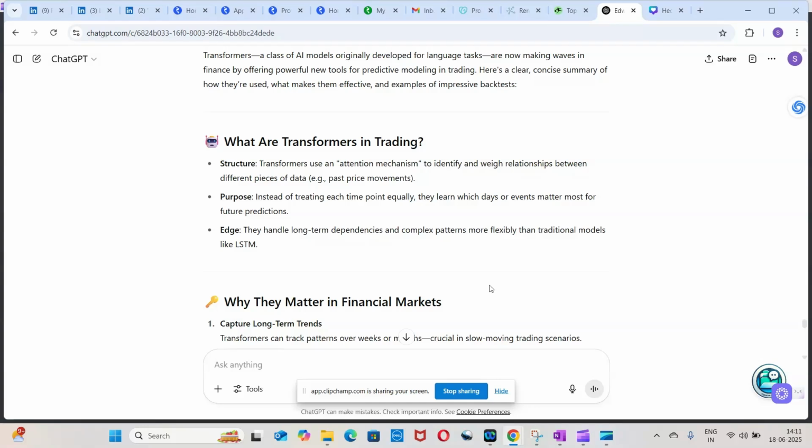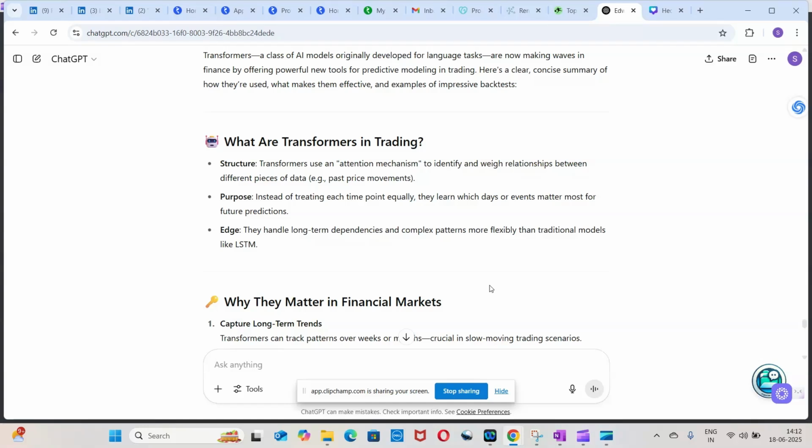So they are able to identify the events that matter most for future predictions, and that gives them an edge. That's why they are being used in trading. These transformers are able to handle long-term dependencies and complex patterns more flexibly than traditional models like LSTM, which stands for long short-term memory, a trading AI model.